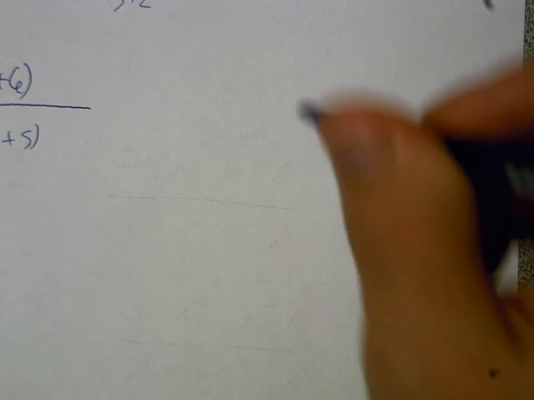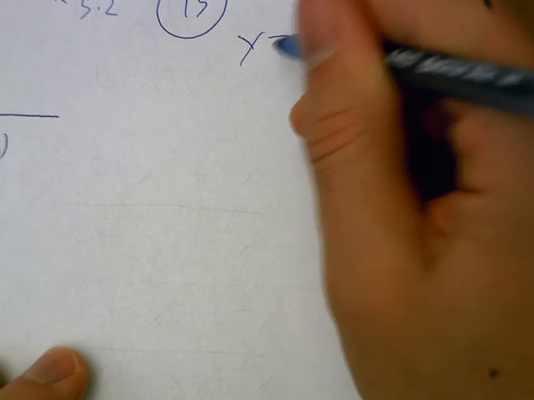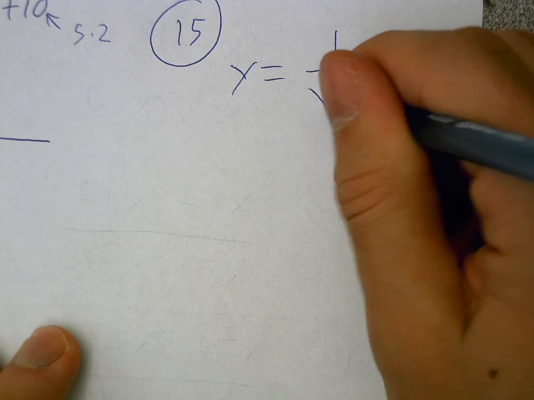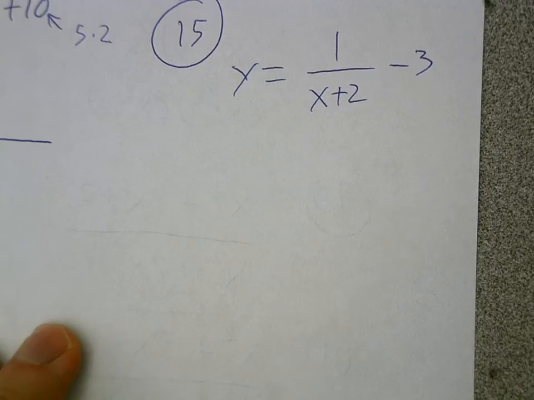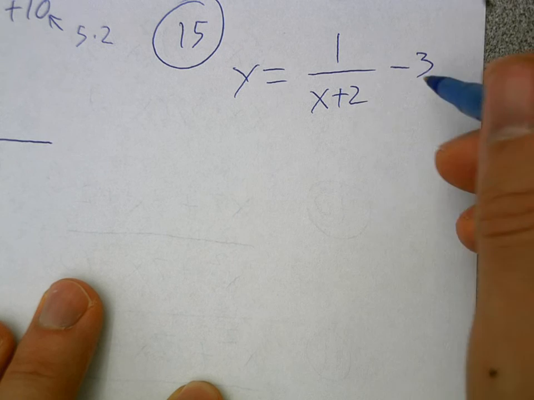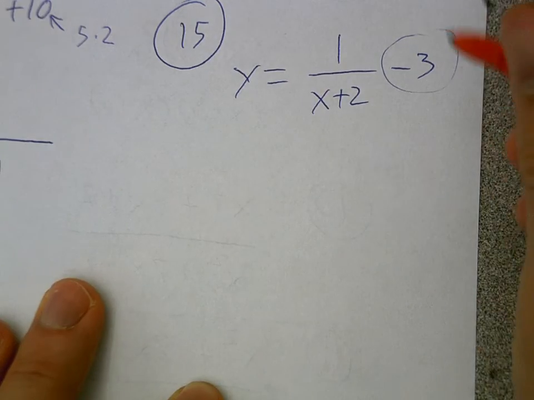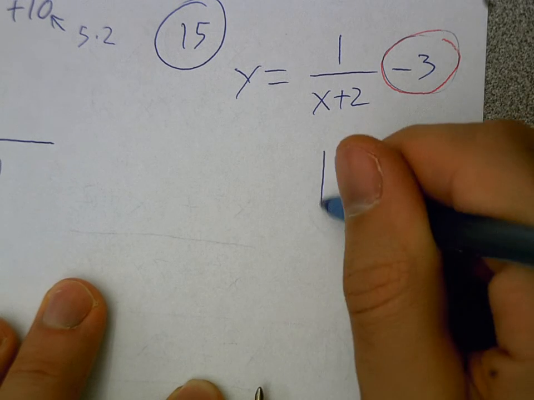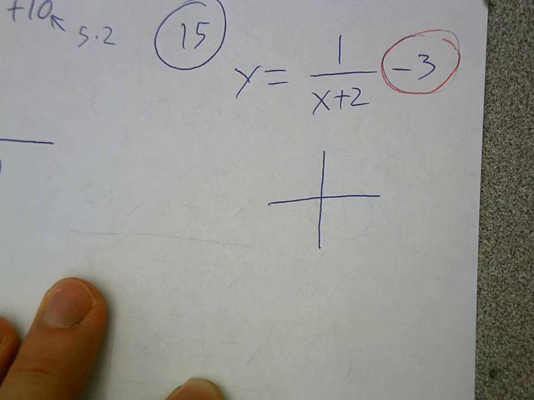So number 15. If I want to graph y equals 1 over x plus 2, minus 3, if I want to graph this, that negative 3 is going to be my horizontal asymptote.